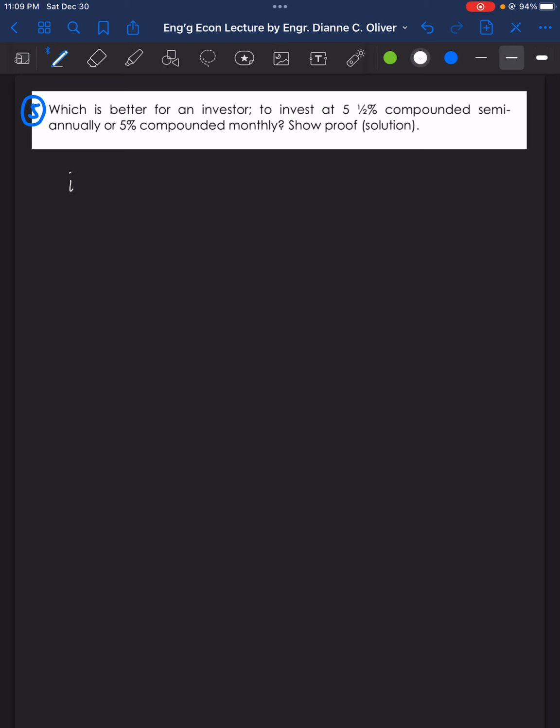For the first one, I1 is equal to 5.5% compounded semi-annually, so M is equal to 2. And for the second one, I2 is 5% compounded monthly.